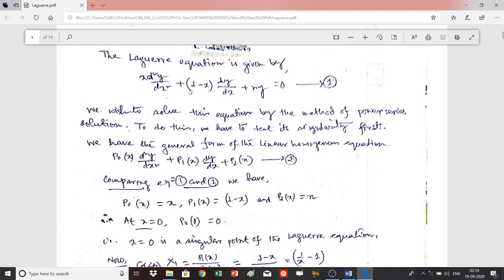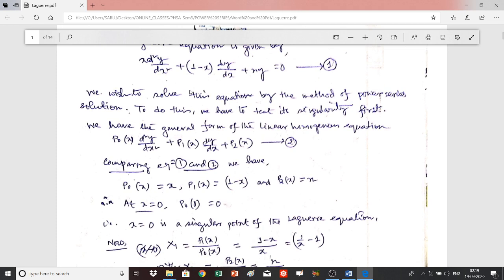That means at x equal to 0, this equation has a singularity. And since it has a singularity, our next step is to check whether this is a non-essential or essential singularity. If it is a non-essential singularity, then the power series solution will be workable, and if it is an essential singularity, then a power series solution cannot be workable in this case.